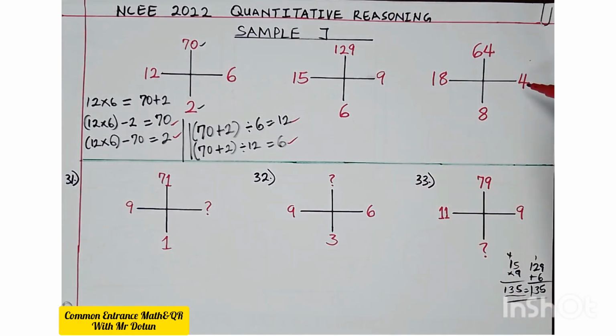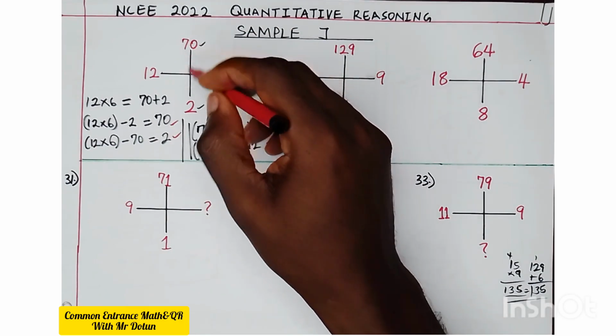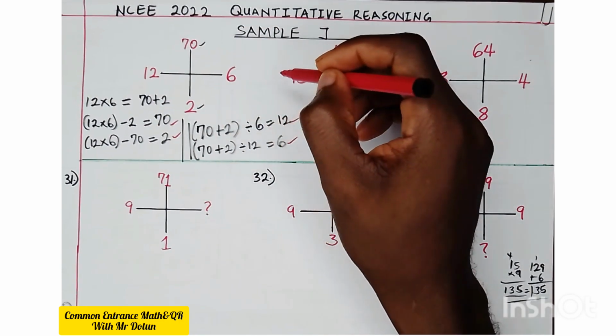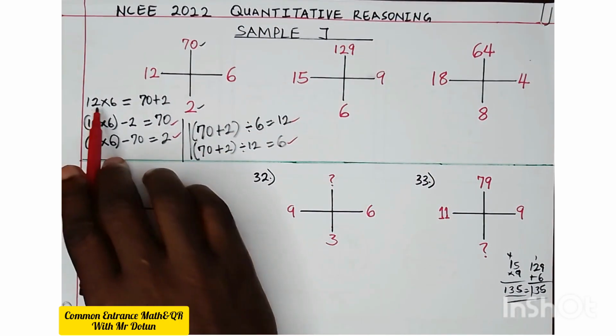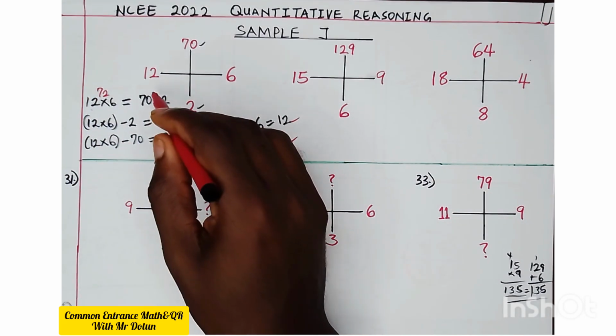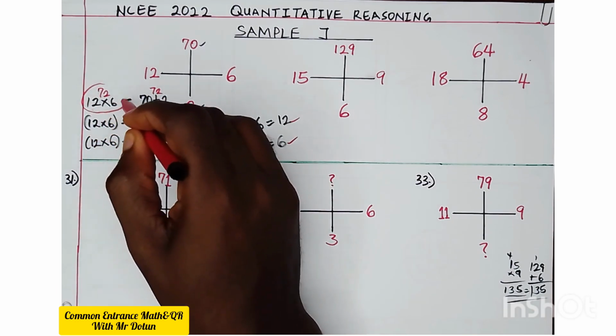If it's not confirmed, then it won't be correct. So I've been able to confirm that this is balancing with different operations, addition and multiplication, giving us the same answer. So 12 times 6 is 72, and 70 plus 2 is 72, creating a balance here.